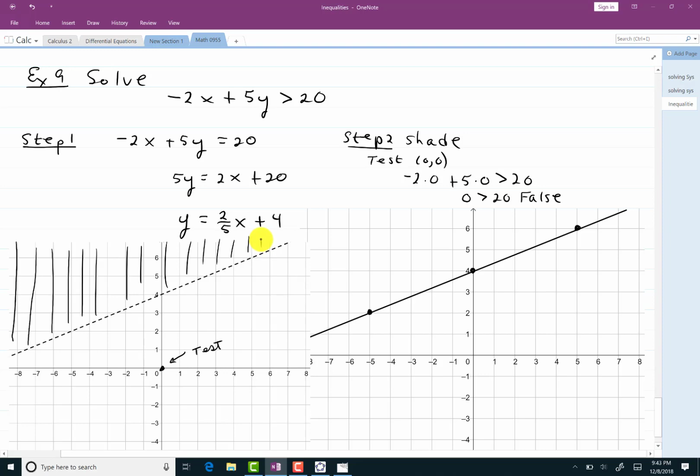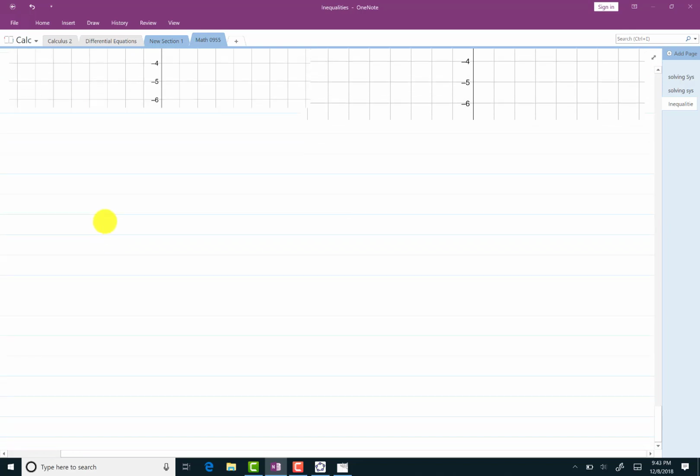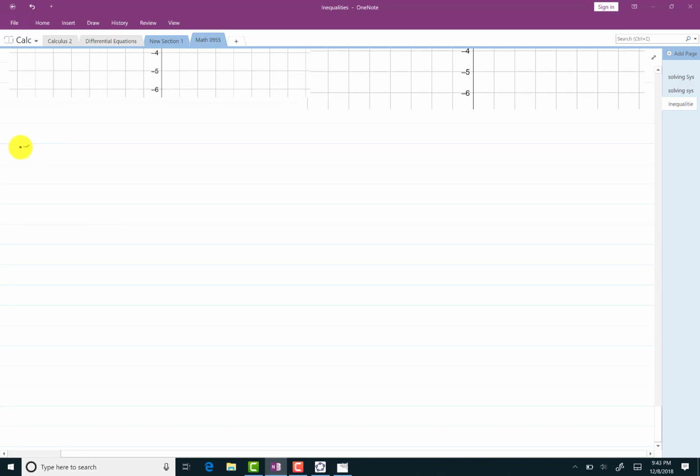And that's a graph of my solution set. Let's try another one. So recall, we're going to need a dashed line when we draw our answer.